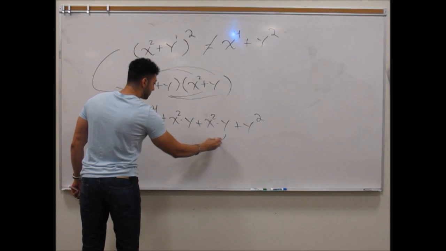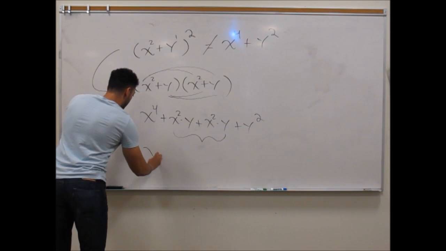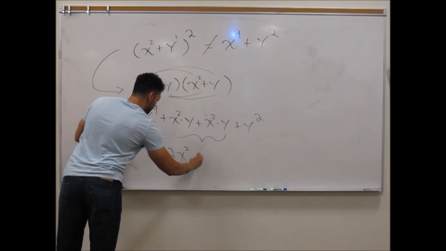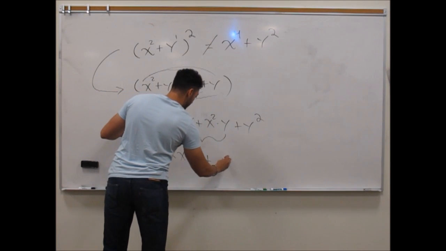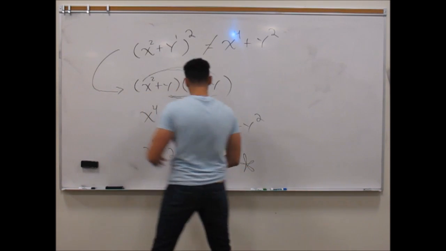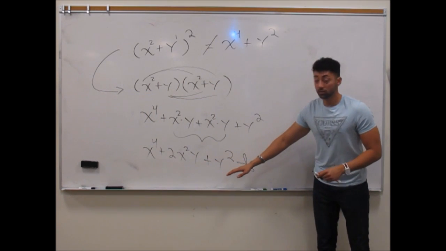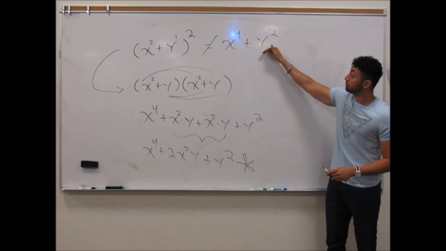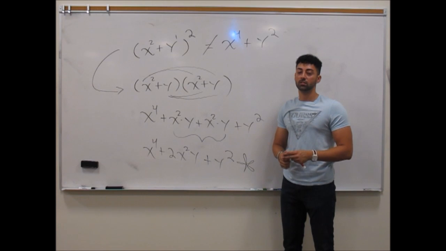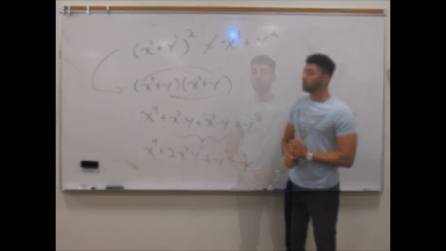And then these like terms here we could combine, so we get x to the 4th plus 2 of those x squared y's plus y squared. So this right here should be the correct answer. Notice how much different this is from this. I just wanted to point that out. It's a common mistake that comes about, so be careful with that.